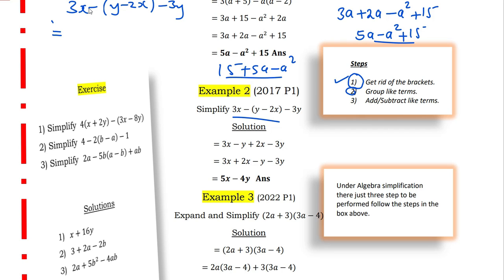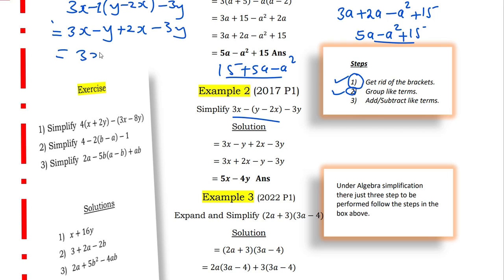Step number 1, get rid of the brackets. Check what is in front of the brackets. It's a sign. This is negative 1. So you're going to maintain 3x, and then negative 1 times y will be negative y. Negative 1 times negative 2x is positive 2x, minus 3y. From this point you can now apply step number 2: you group the like terms.